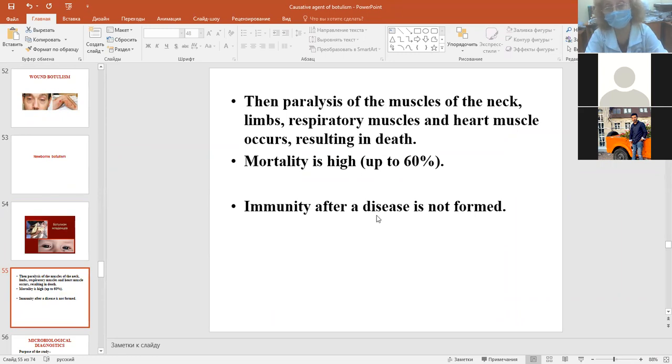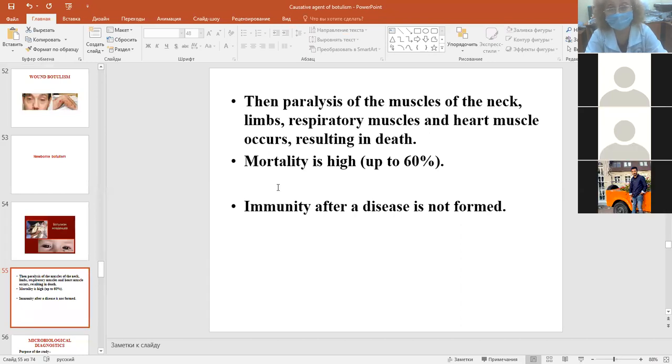Immunity after the disease. Some patients are able to recover if the diagnosis is proved and the treatment is done immediately. Some patients are able to survive, but immunity after the disease is not found, because the amount of botulinum toxin is very small to cause the death of patients and not enough for the immune system to recognize it like an antigen. A very small amount of botulinum toxin is enough to kill a patient, but not enough for the immune system to recognize it like an antigen and develop the full immune response.